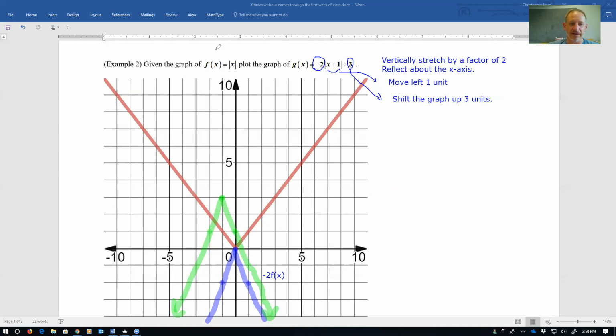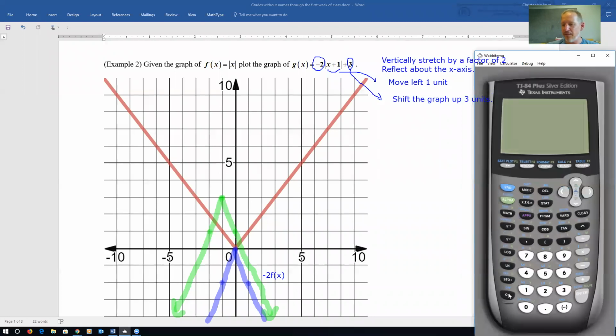I can also show you on the calculator that if I were to plot y equals the absolute value of x, that's actually under math. I go over to num, absolute value of x.